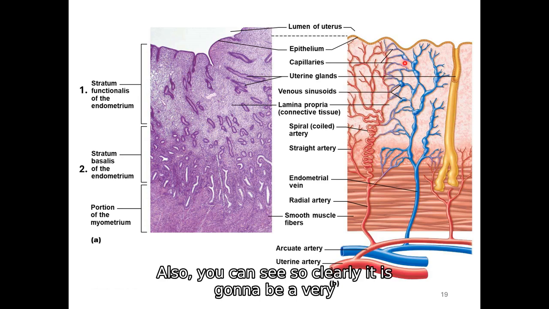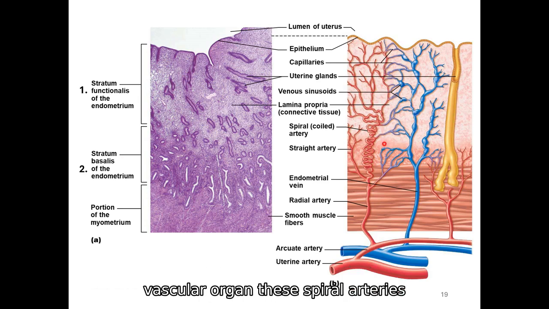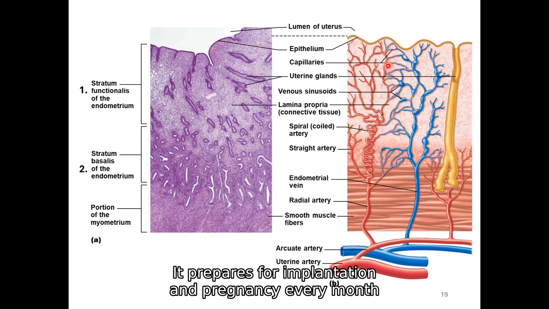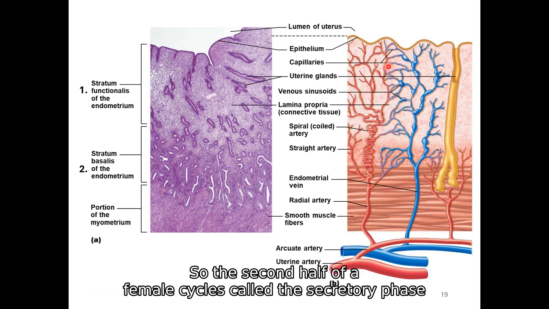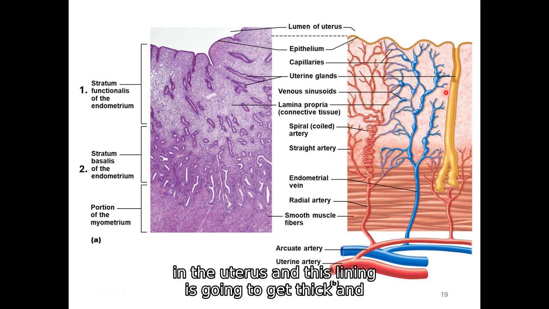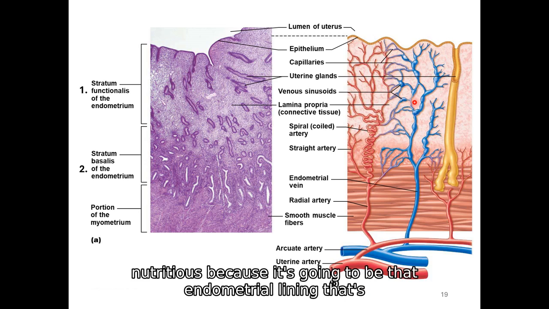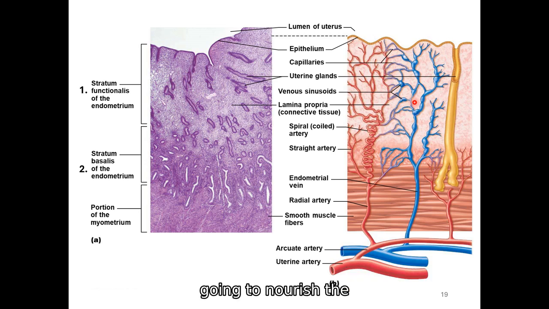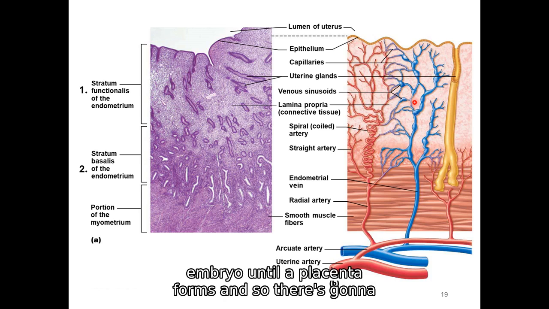And also you can see so clearly it is going to be a very vascular organ. These spiral arteries, they are going to grow into that layer. It prepares for implantation and pregnancy every month. So the second half of a female cycle is called the secretory phase in the uterus. And this lining is going to get thick and nutritious because it's going to be that endometrial lining that's going to nourish the embryo until a placenta forms.